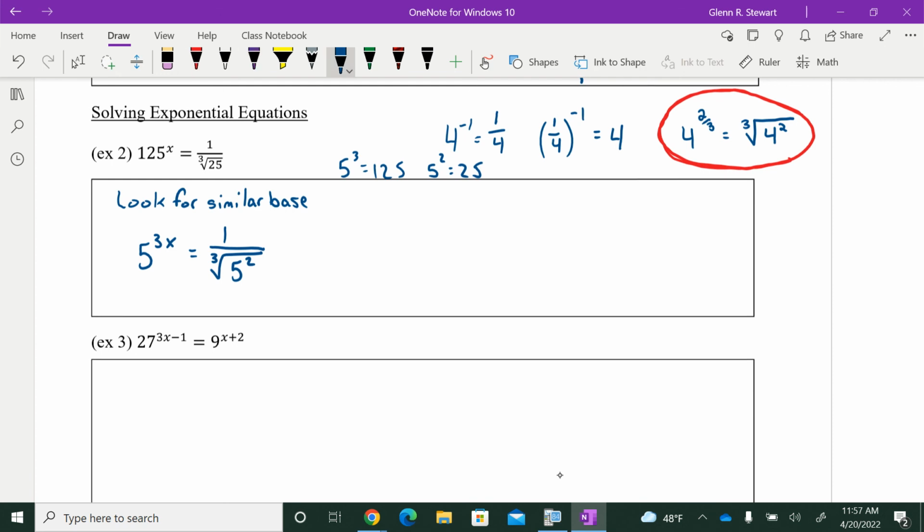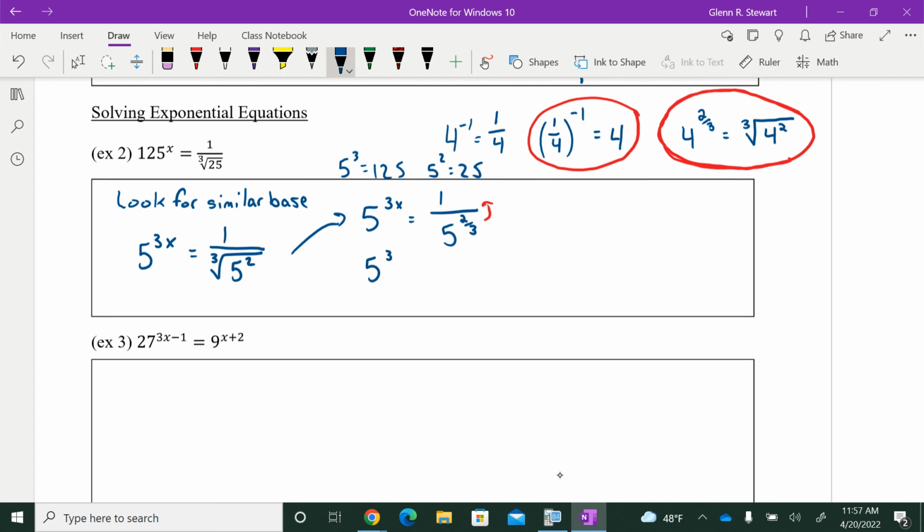So from here, we can then have 5 to the 3x is equal to 1 over 5 to the 2/3. Now to make it so that they're on an even playing field, I need to move this bottom fraction up to my numerator. In order to do that, I've got to do something very similar to the next thing that I'm circling, where I have to create a negative exponent.